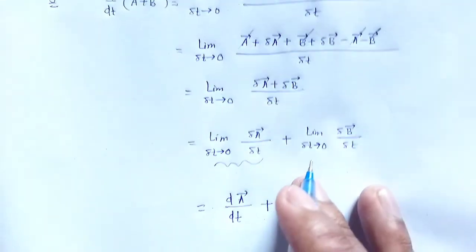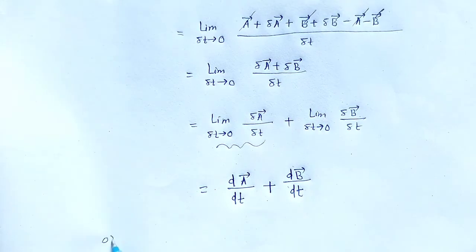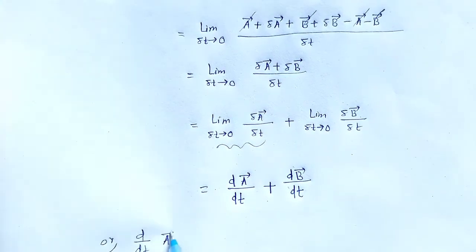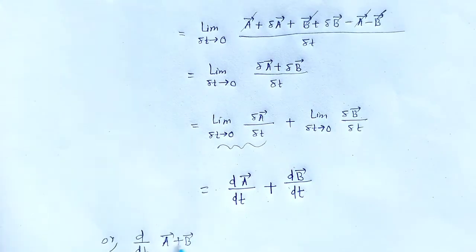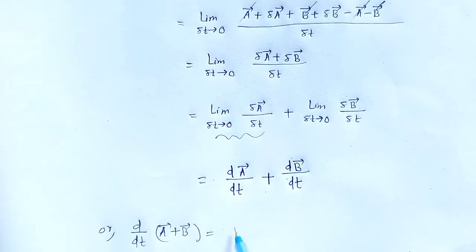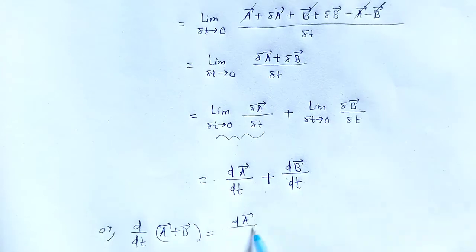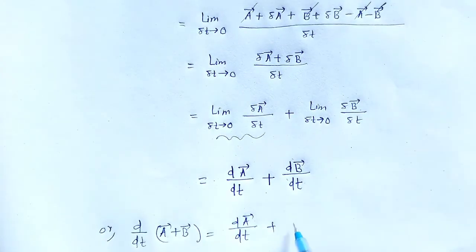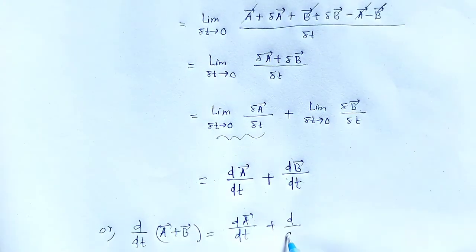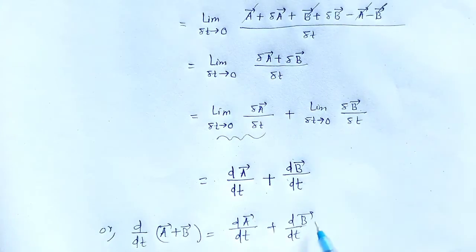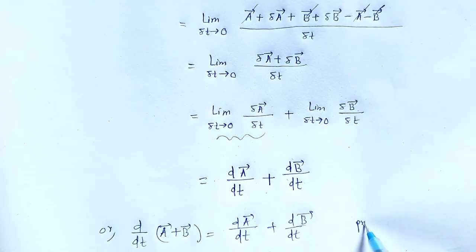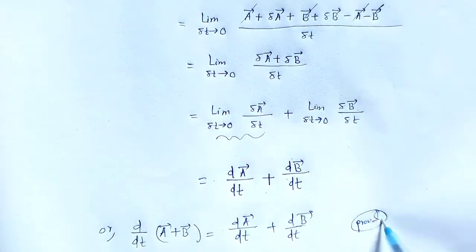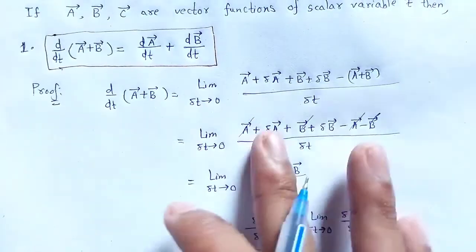So d by dt of a vector plus b vector is equal to dA by dt plus dB by dt. We proved that rule.